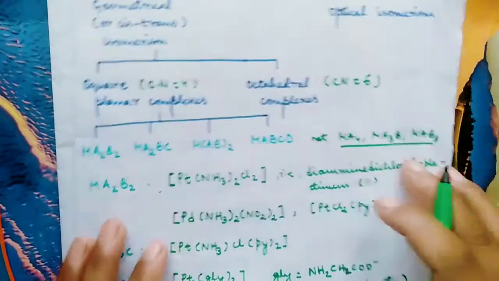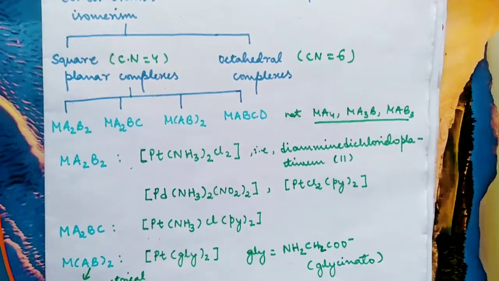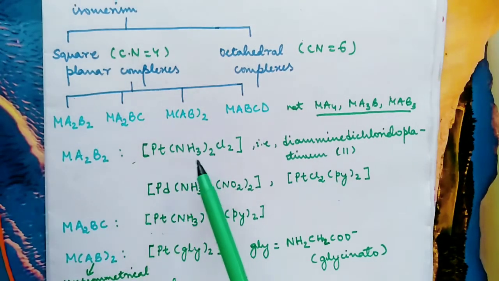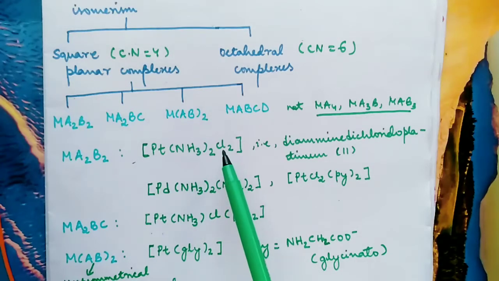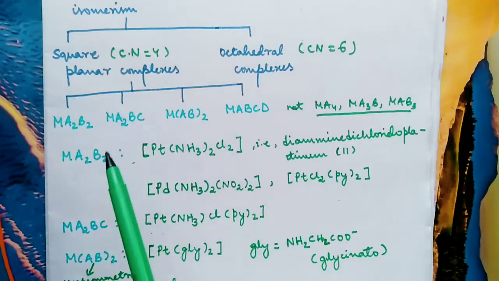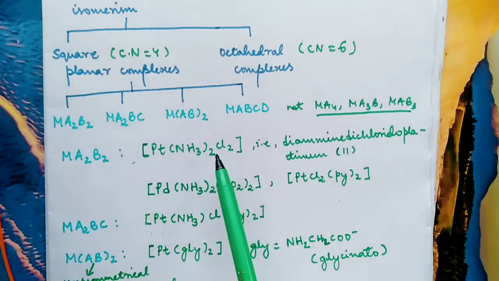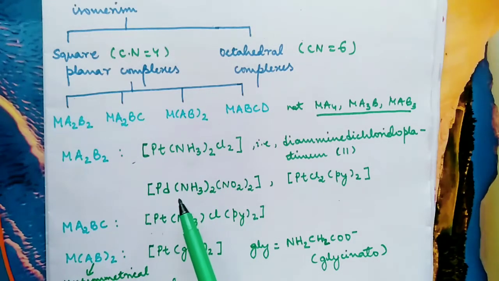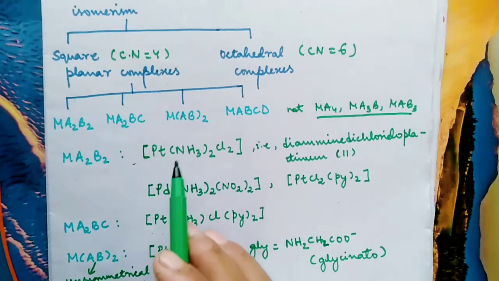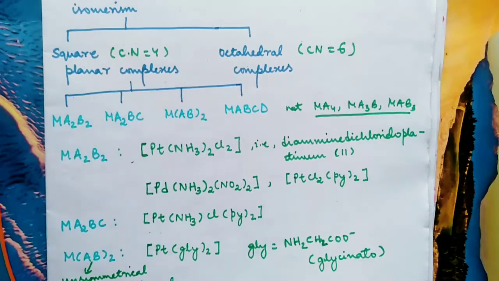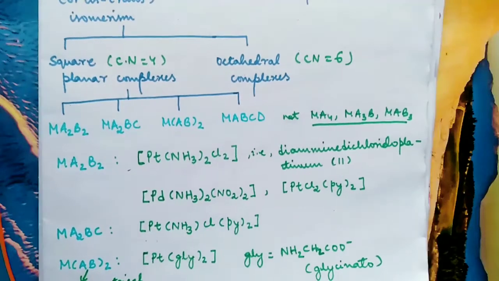Okay, so let us come to the type MA2B2. Example of a complex of the type MA2B2 is our diamine dichloridoplatinum 2, where your A here is NH3 and your B is Cl. The other two examples are these two. So let us draw the geometrical isomers of this diamine dichloridoplatinum 2, or the cis-trans isomers.